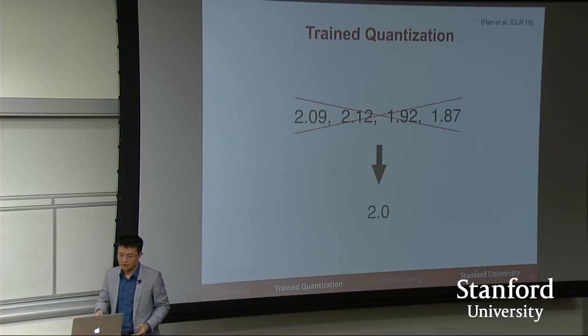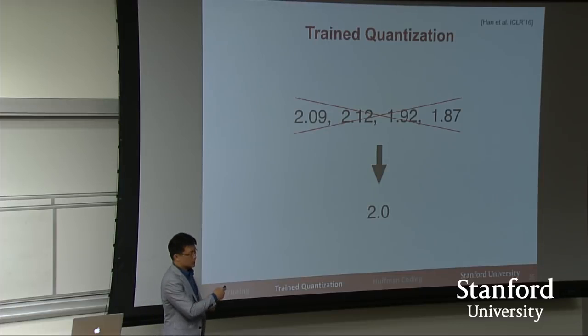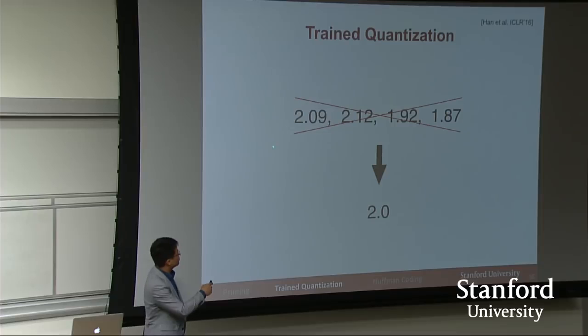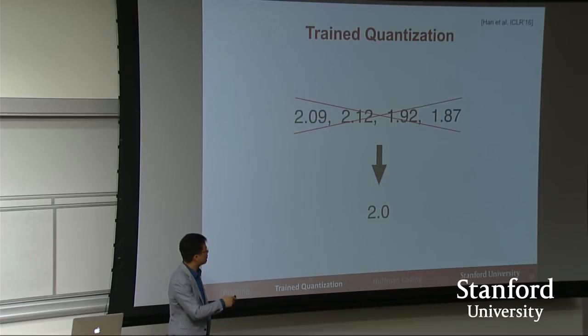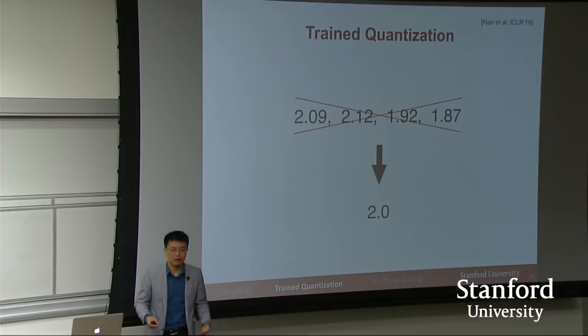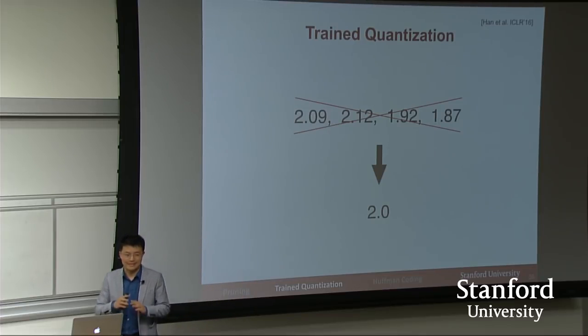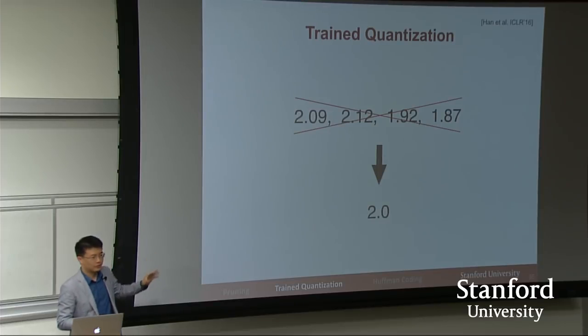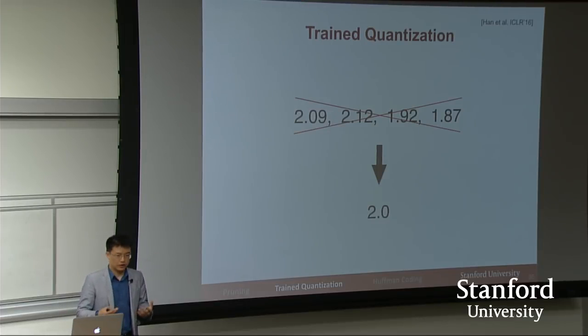The idea is that not all the weights have to be the exact number. For example, for 2.09, 2.12 and these four weights, you just use 2 to represent them. That's enough. Otherwise, too accurate numbers just lead to overfitting.